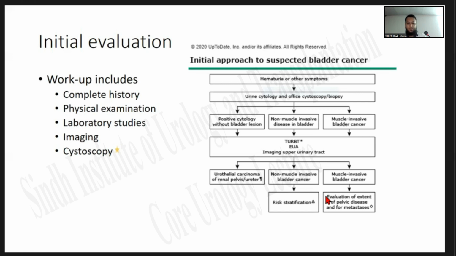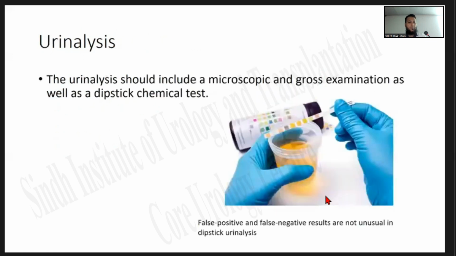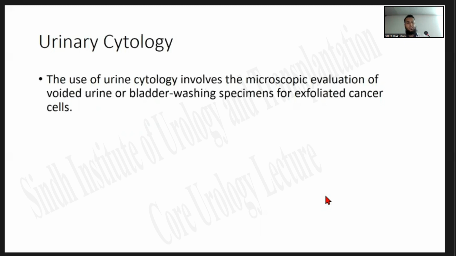For the laboratory tests, we do urine cytology and the baseline tests. Urinalysis should include the microscopy and gross examination, as well as a dipstick test or chemical test. Urine cytology involves the microscopic evaluation of voided urine or bladder washing specimen for exfoliated cancer cells.